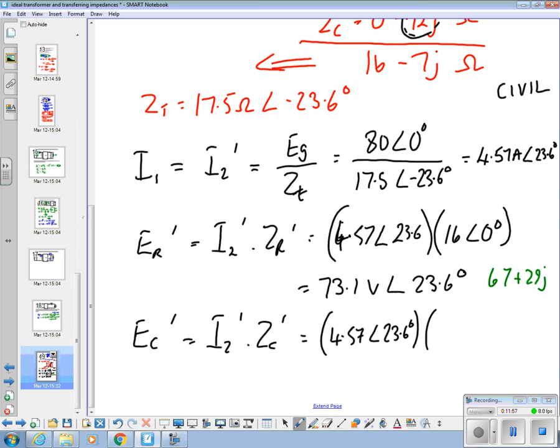Easy mistake to make when you've got particular numbers in. And my check at the end, adding all of these voltages up to see whether they added up to the supply voltage, didn't work out. So I knew I'd gone wrong somewhere.